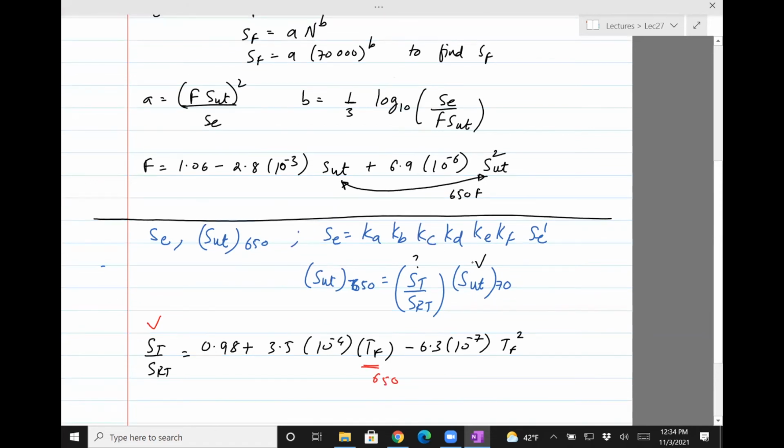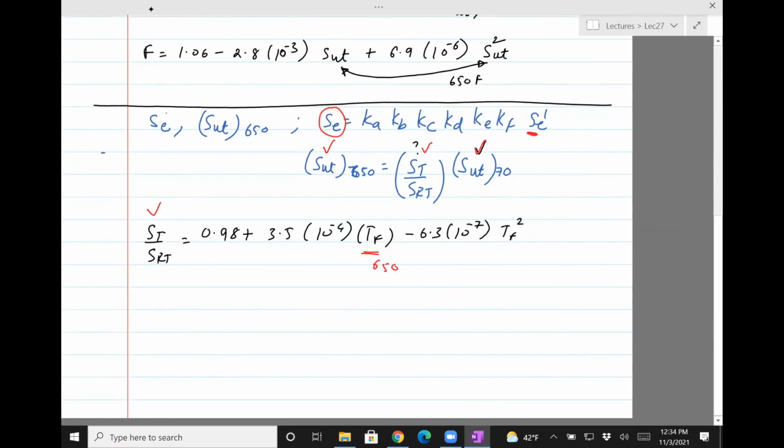SU at 70 is given. This is easily found. SU at 650 is pretty straightforward now, given all that. SC needs to be known, but SC depends on SC prime. And SC prime, okay, I forgot one more thing, and then we'll start solving it.